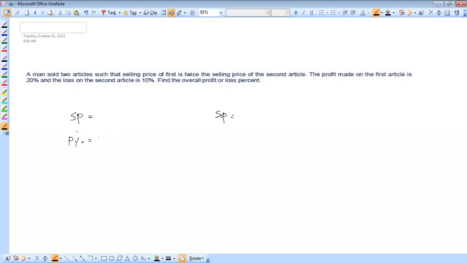20% is 20 by 100, which makes it 1 by 5. And here also the loss percentage is 10%. 10% is 10 by 100, which is 1 by 10. But these are calculated on the cost price, since profit percentage and loss percentage are always calculated on the cost price.